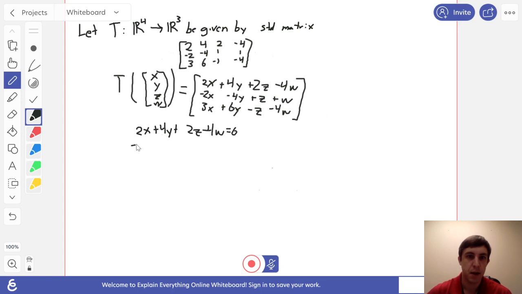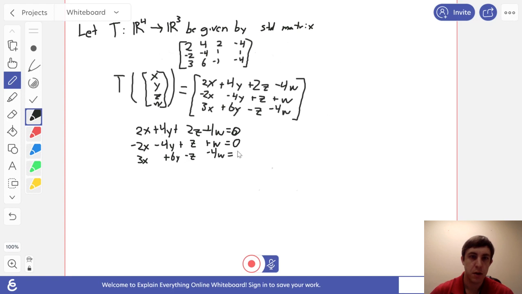We need to have that second component equal to 0. And the third component needs to also be 0.